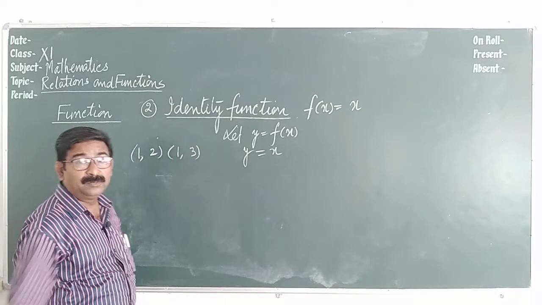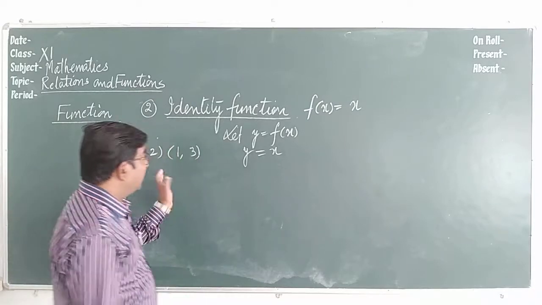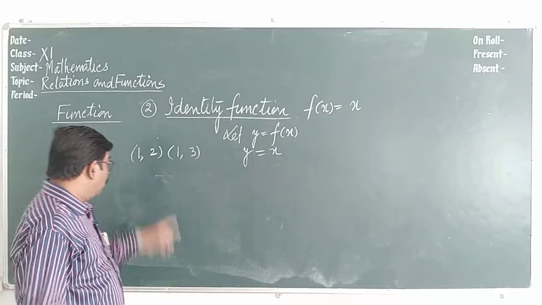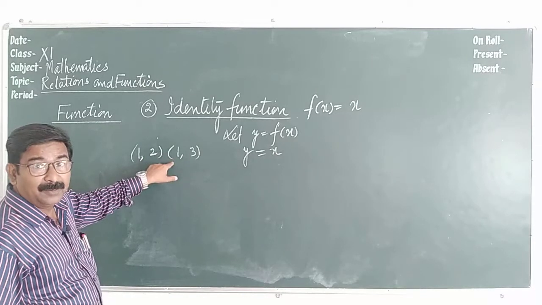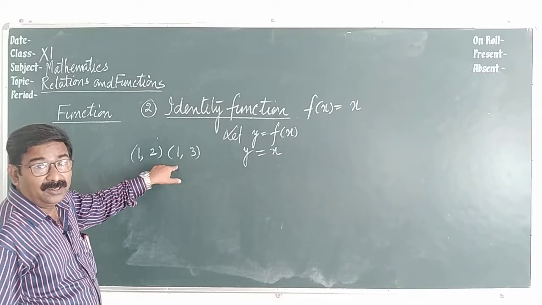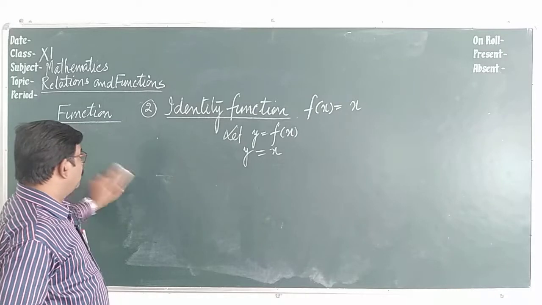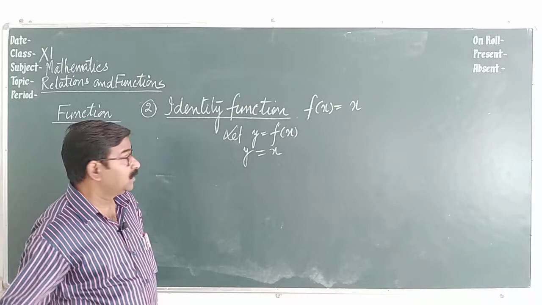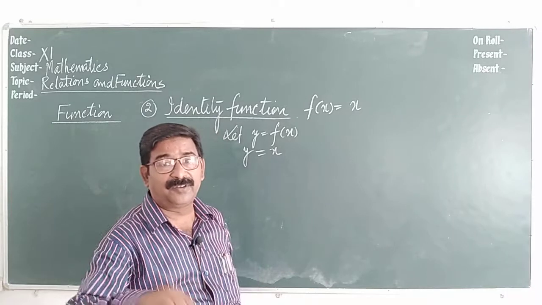Is it possible? No, because it is a function. 1, 2 and 1, 3: 1 is repeating at first place, which means it is not a function. So obviously you will know that for every value of x we have a different value of y.